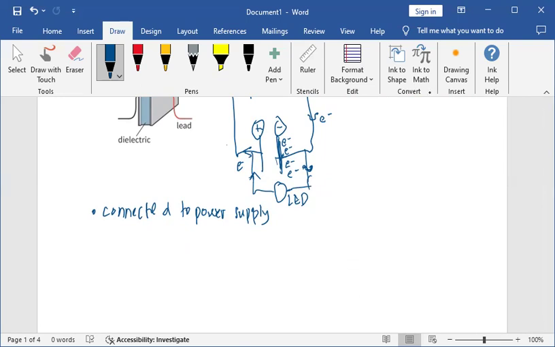And next, we call it capacitance. What is capacitance?